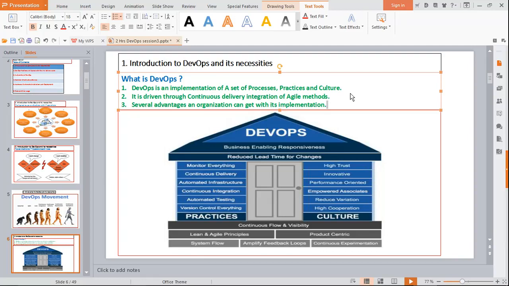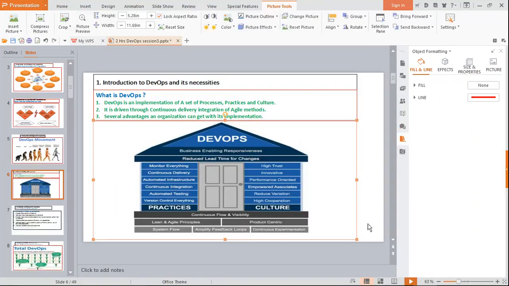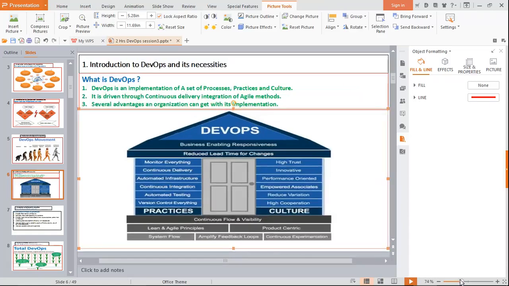When you have such people and such teams, the organization is going to achieve more and more day by day through these practices. So there is a lot of return on investment in future for the organization. Now if you see this diagram, basically practices are there, culture is there. What are those practices? We'll see.